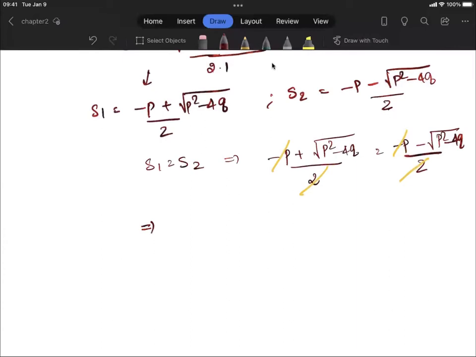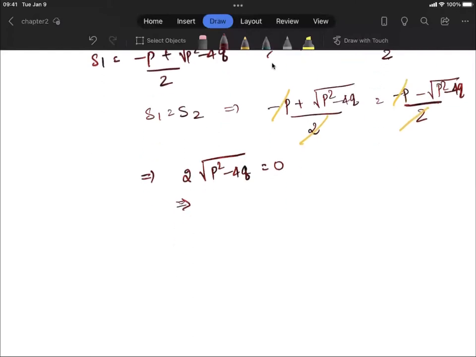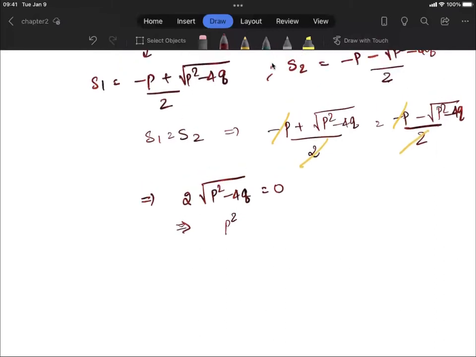That implies 2 times root p squared minus 4q equals 0, or p squared minus 4q equals 0, and p is equal to this.